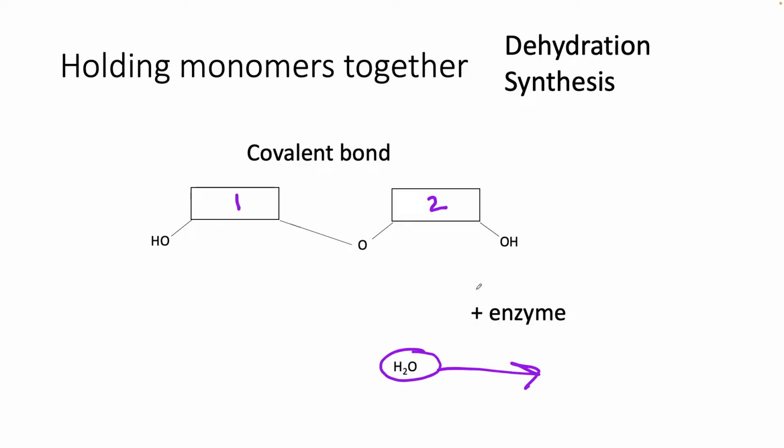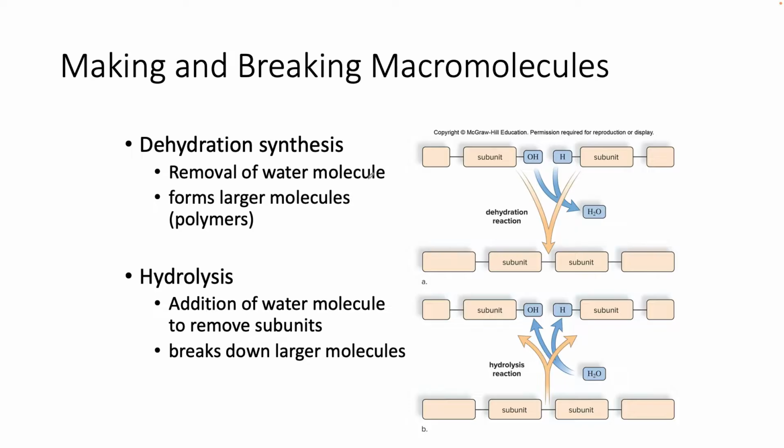So the enzyme is holding these two guys together and ripping off some water and forcing them to make a covalent bond so that they can satisfy their octet rule. You can see that up here in the top of the graphic. We're taking away the OH from one subunit and the H from the other subunit, removing water and causing a dehydration reaction which forms this covalent bond.